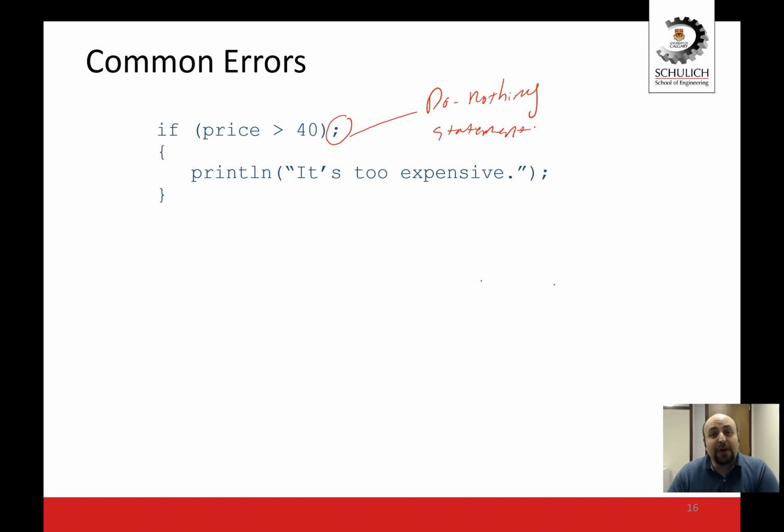So if you put a semicolon at the end of an if statement, you're just going to ignore your if statement, and whatever is inside the block is going to be executed. It's going to drive you crazy, because even though the condition is false, you're still going into the block. So you think that all logic has been destroyed. Make sure you never ever have a semicolon at the end of the if statement.